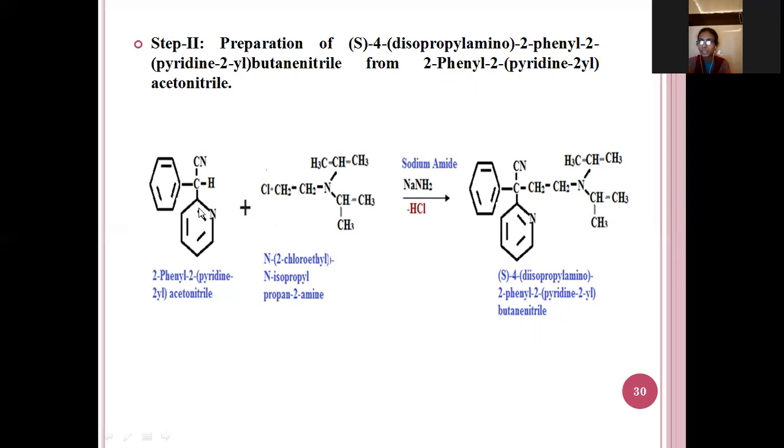That is, one of the hydrogens is eliminated from 2-phenyl 2-pyridine 2-yl acetonitrile and chlorine from 2-chloroethyl isopropyl propane 2-amine. So the remaining isopropyl propane 2-amine is attached to the 2-phenyl 2-pyridine 2-yl acetonitrile to get 4-diisopropyl amino 2-phenyl 2-pyridine 2-yl butanitrile.